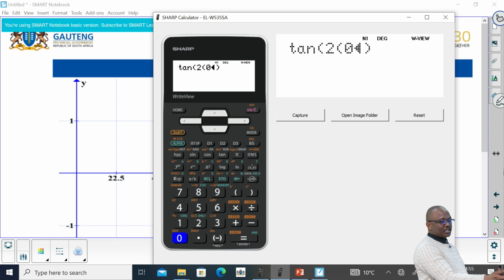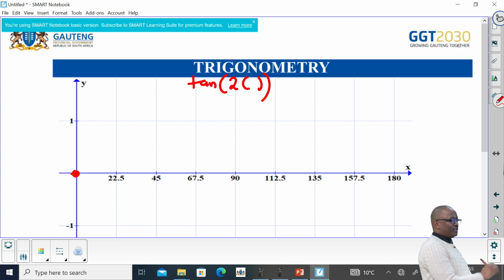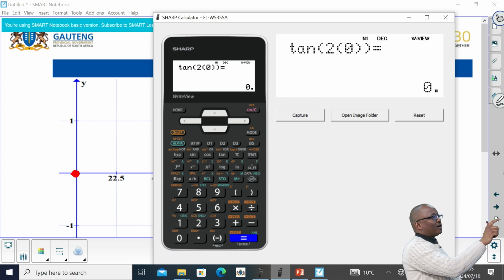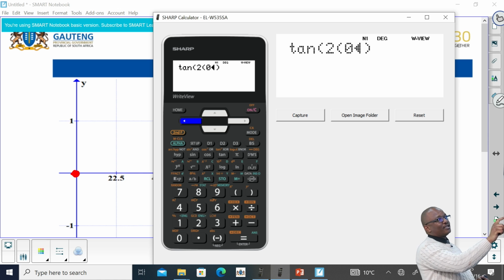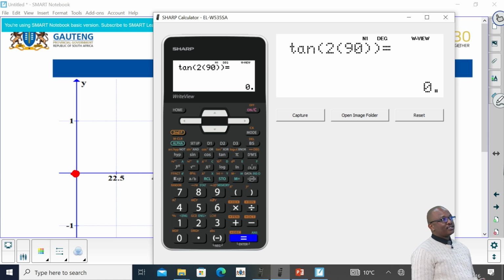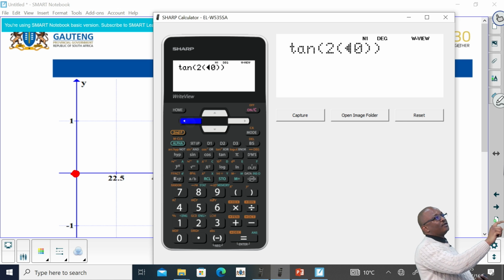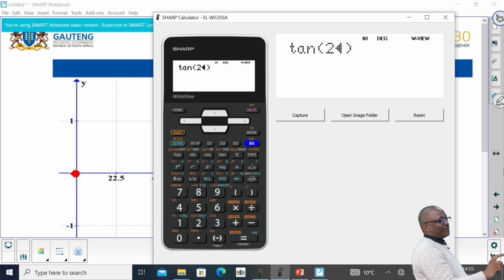If you say tan 0, you will get 0, then that's where you put it there. Then now, we put 22,5, sorry, not 90. After 0, we get 22,5.